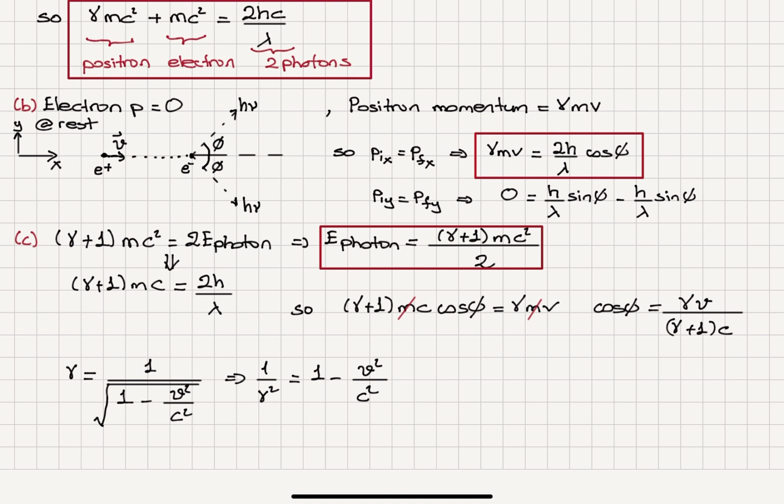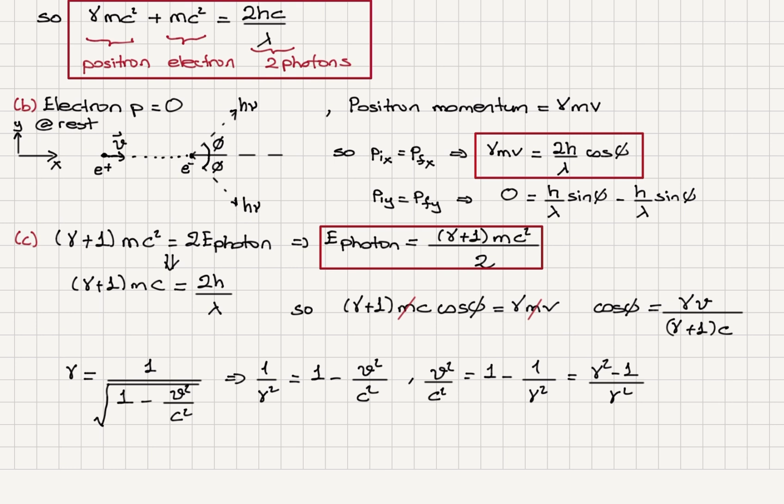So we can write v square over c square equals 1 minus 1 over gamma square. That is gamma square minus 1 divided by gamma square. So we have this result for v square over c square.